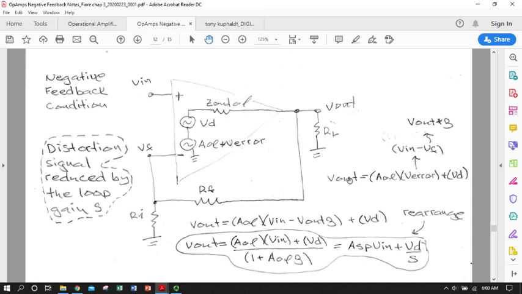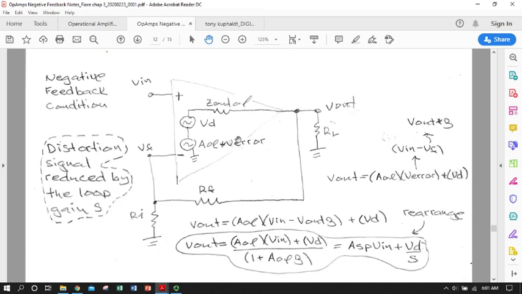So we can write V out as open loop gain times V error plus the distortion voltage source. V error is defined as V in minus V feedback, and V feedback is very conveniently still V out times beta, all things we've already derived. So what we did was we KVL'd our way from ground, the internal ground in the amplifier, up here to V out.